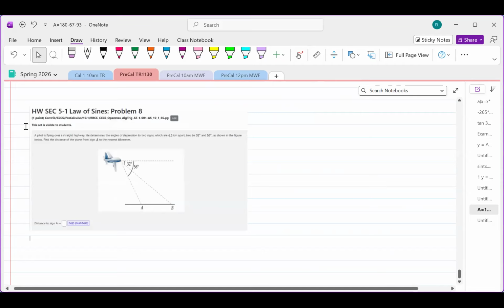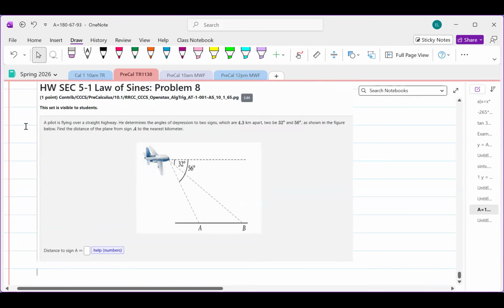All right, and then problem 8. So we've got a pilot flying straight over a highway, and he knows these two signs are 4.3 kilometers apart.